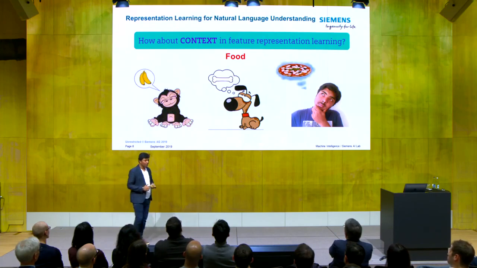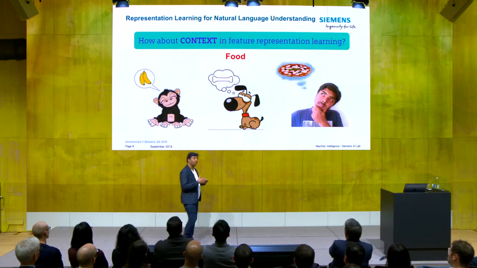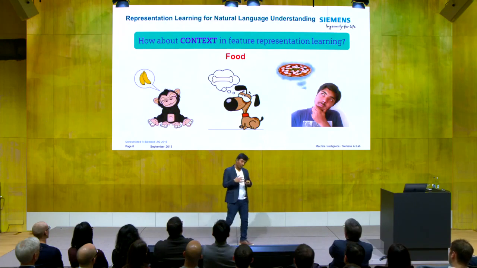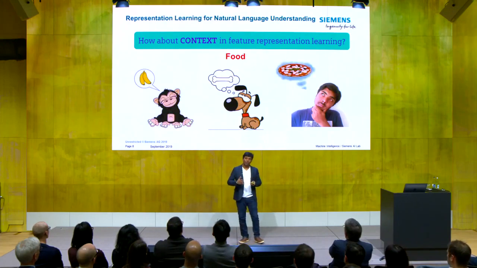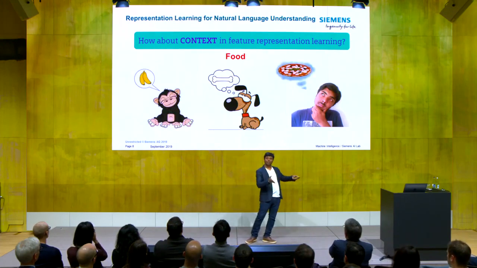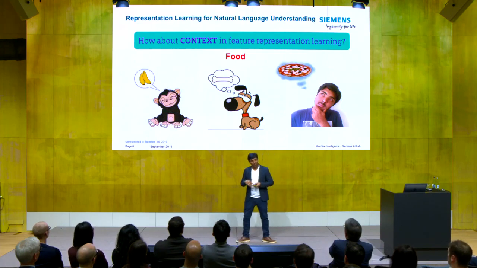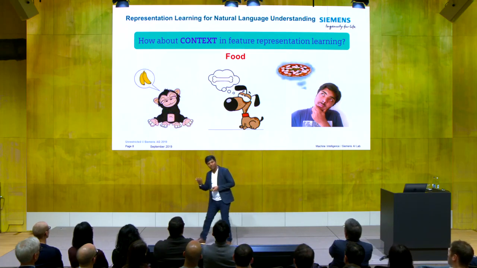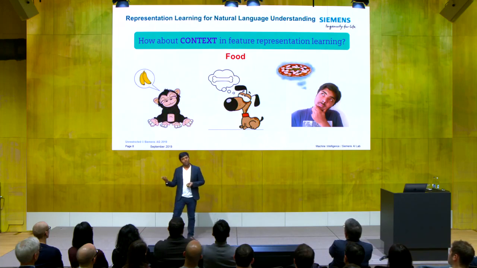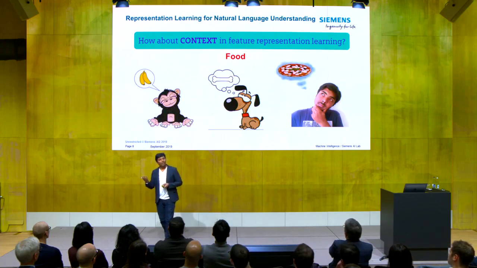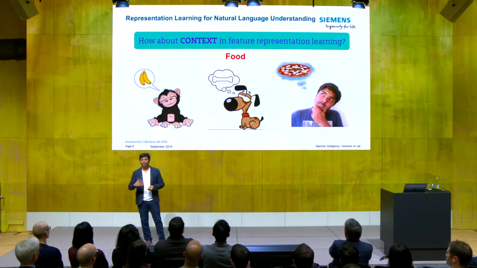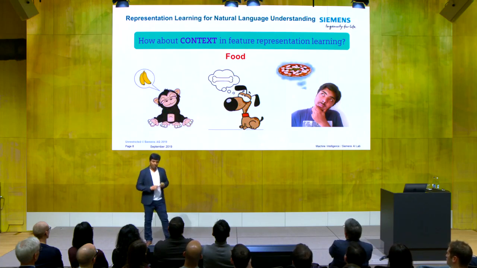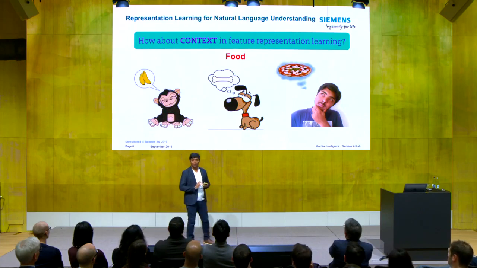The first brain might have a different encoding of food because it has seen a different environment, a different context. Similarly, the second brain has a different encoding. Similarly, in the third brain, you have a different encoding because you have seen a different context. So context is the thing that I'm going to talk about today.